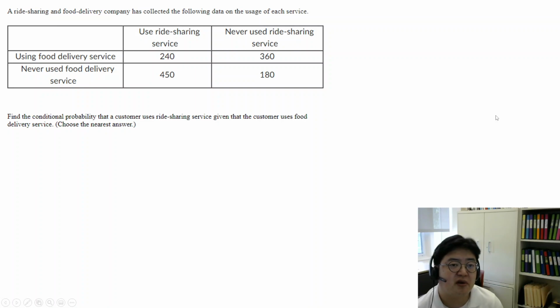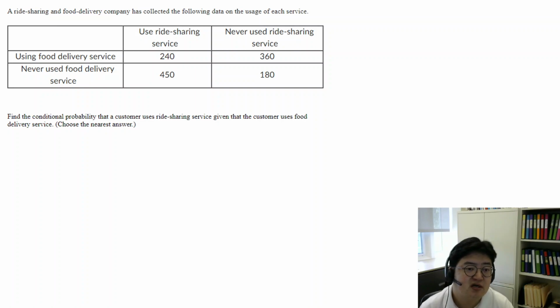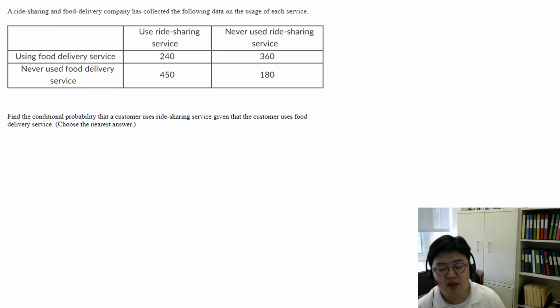And second question. A ride-sharing and food delivery company has collected data on usage of the service. Find the conditional probability that a customer uses the ride-sharing service given that the customer uses food delivery, right? So we have the food delivery service.